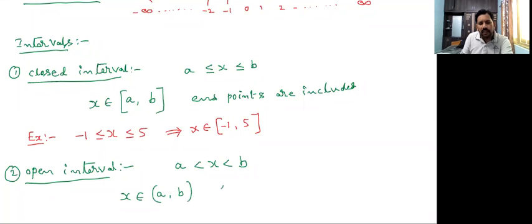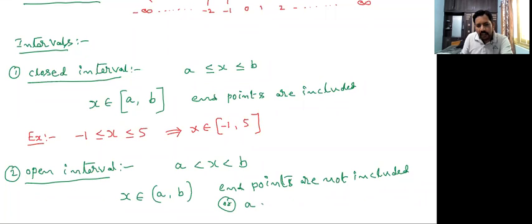In this case, the end points are not included, except a and b, the in-between values we can consider. The end points are not included. That means we can say a and b are excluded.